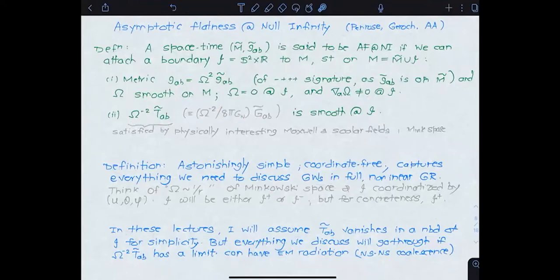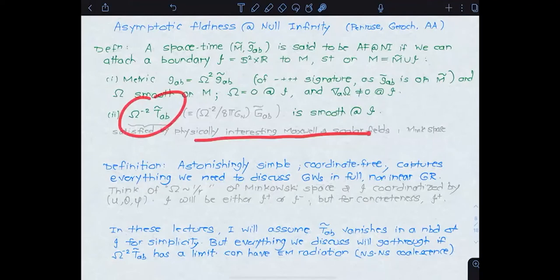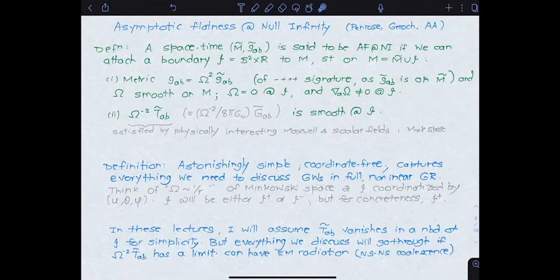And this condition is satisfied by physically interesting Maxwell fields that we saw yesterday, for example. You can check, and scalar fields, because the field falls off at infinity, the waves and the Coulomb field fall off at infinity, and the stress energy tensor has a property that omega to the minus 1 times T tilde does have a limit.